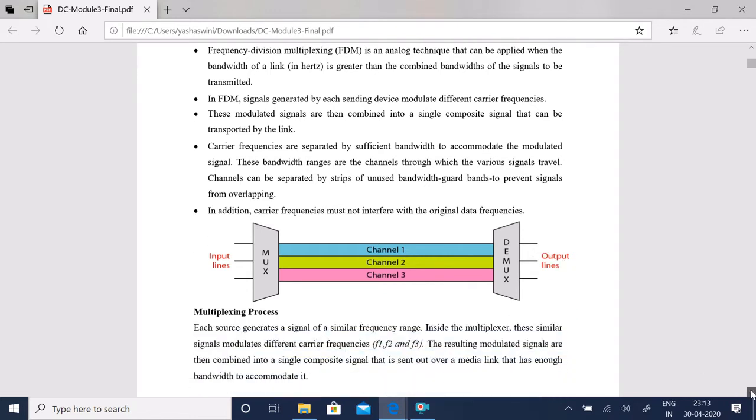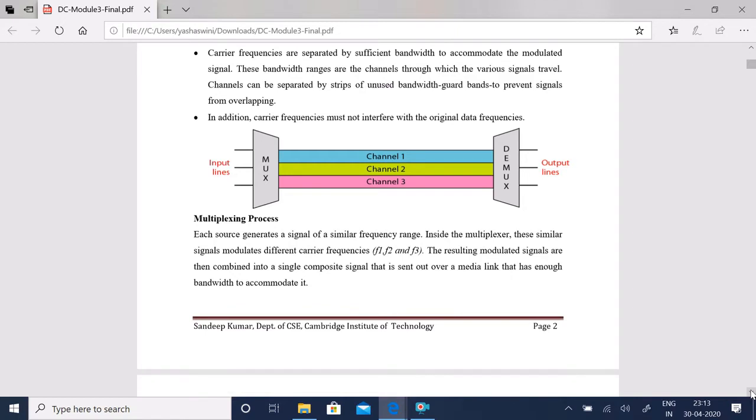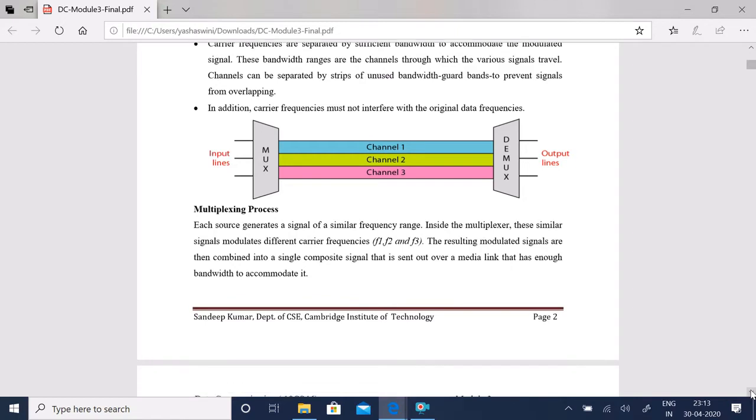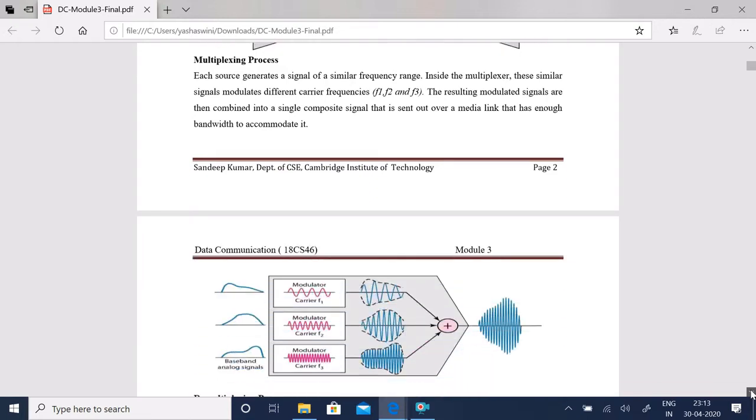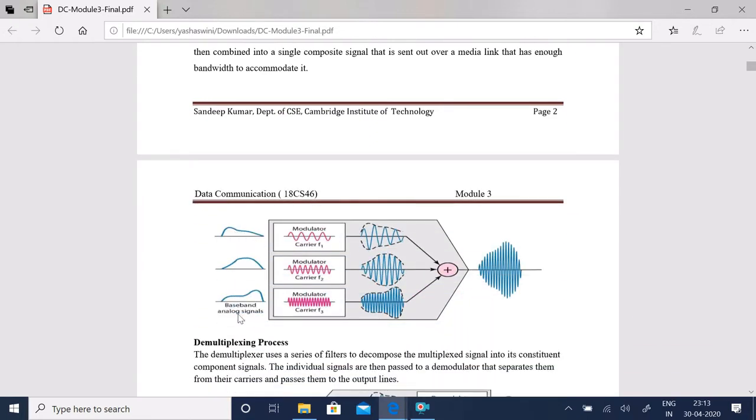To know more about the multiplexing process, here each signal is assigned a carrier frequency F1, F2, F3 as shown in the figure. These are the analog signals which come from baseband. Assume the first sine wave generated has a frequency of F1, the next has F2 and F3. Now this signal is passed through a modulator.